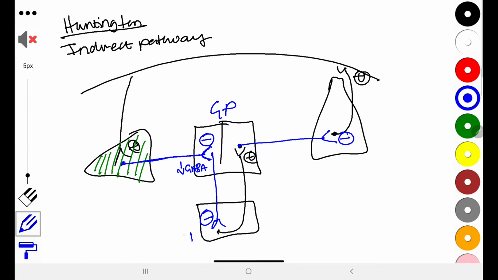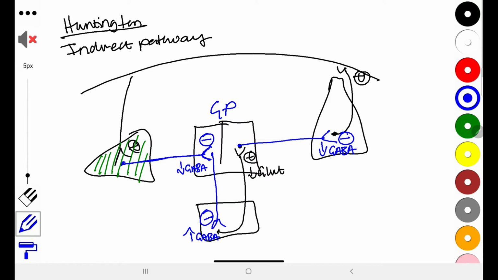So in the subthalamus, you find an increase in GABA. So if you're going to find an increase in GABA here, it means you are literally inhibiting the glutamate in the GPi. So if you are inhibiting the glutamate, you are not releasing as much GABA in the thalamus.